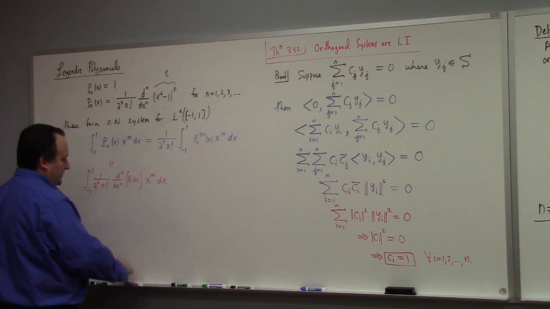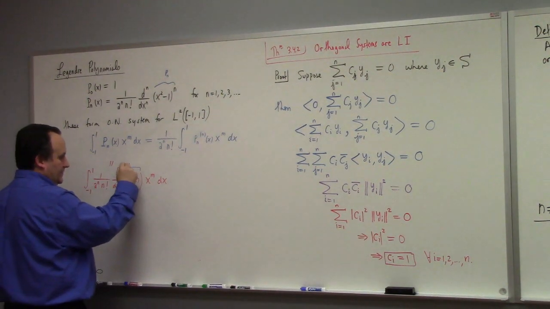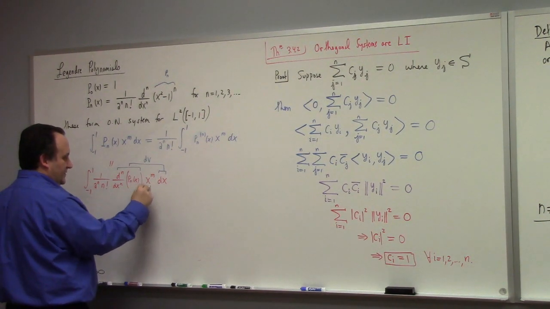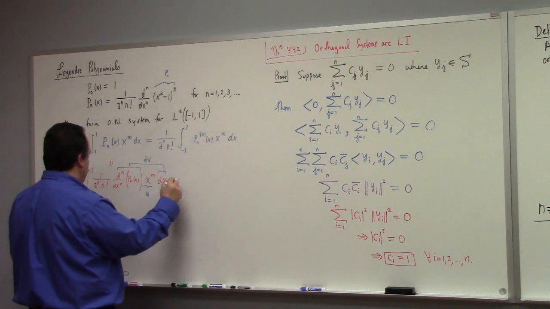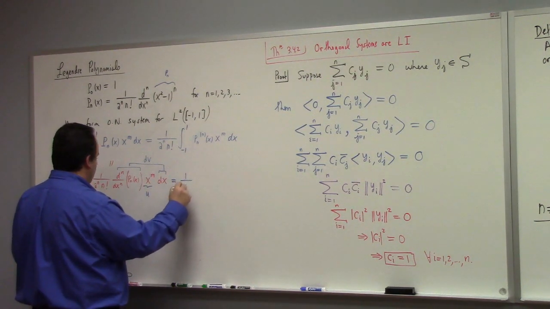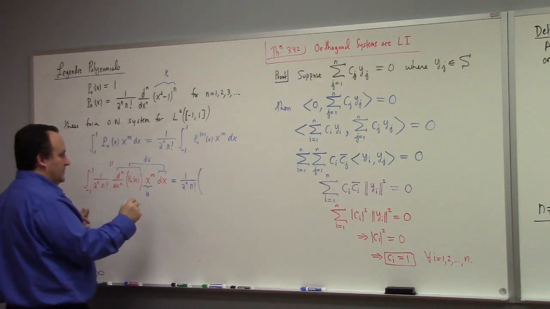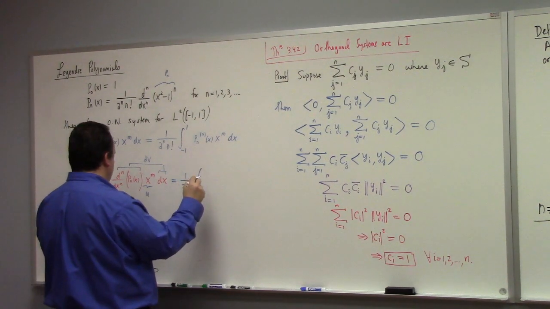So basically you're doing integration by parts with this piece right here being your dv, and this is your u, and the constant stays out. So you get 1 over 2 to the n times n factorial, parentheses, times negative.